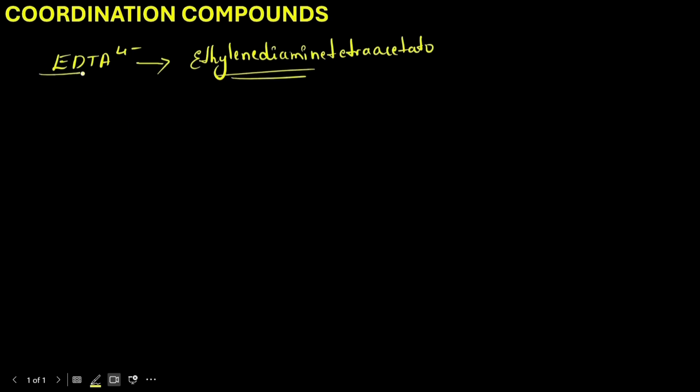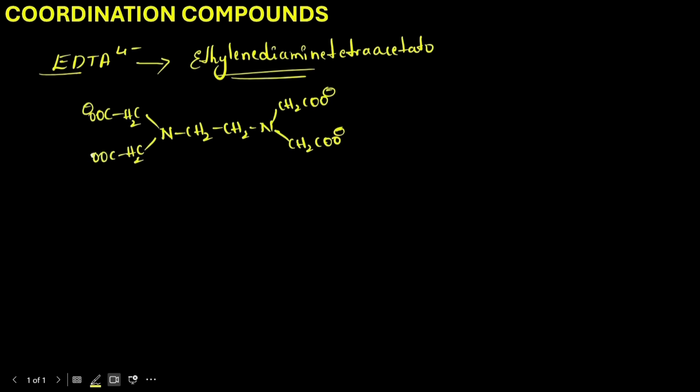If you write the structure of EDTA, here nitrogen, CH2, CH2, nitrogen, and here you will have CH2COO minus, CH2COO minus, and here also CH2COO minus, and here also CH2COO minus. Here there are 4 negative charges, and along with that nitrogen has a lone pair on it. Therefore, it is an example of a hexadentate ligand.